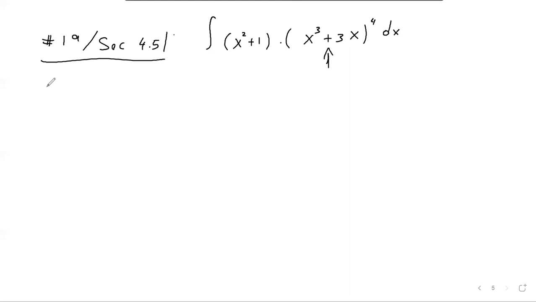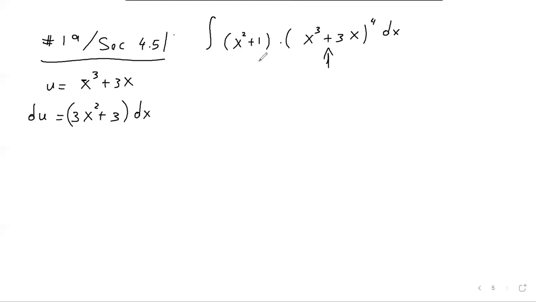So the substitution will be u equals x cubed plus 3x. Again, if you have a chance to watch this again, stop the video and try this again at home. These are problems from the homework, by the way, folks. Du, the derivative, is 3x squared plus 3. And that's going to be times dx.